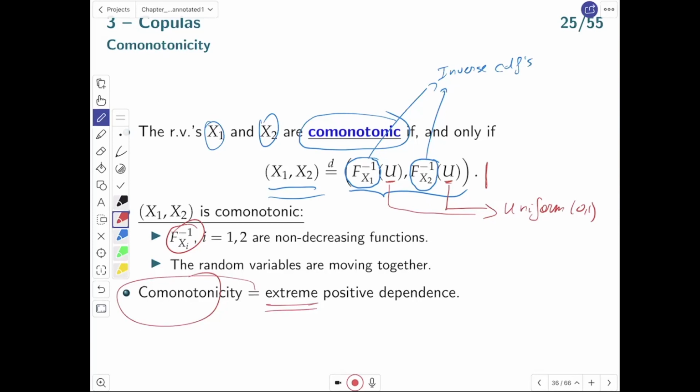It's positive, meaning things are moving together. It's extreme because things are moving perfectly together. If u is increasing, both random variables x1 and x2 have to increase. They cannot decrease. Think about your investment portfolio, Apple and Tesla: comonotonicity is not what you want.